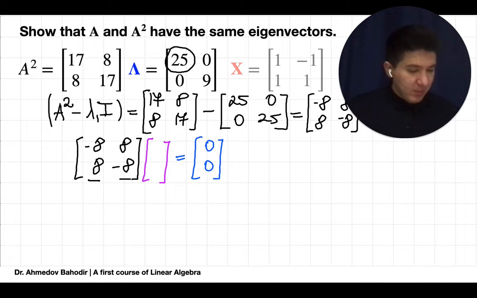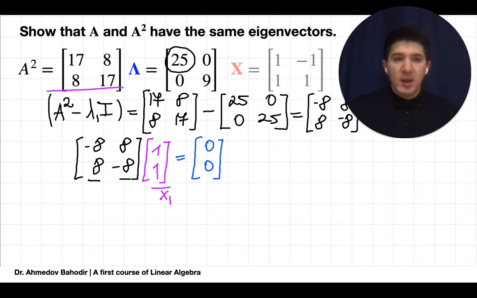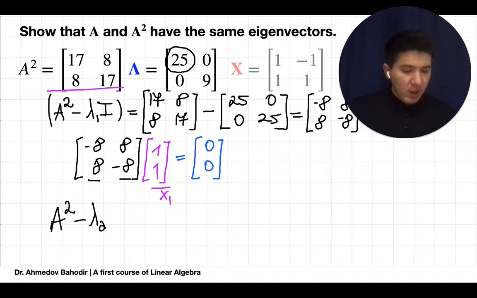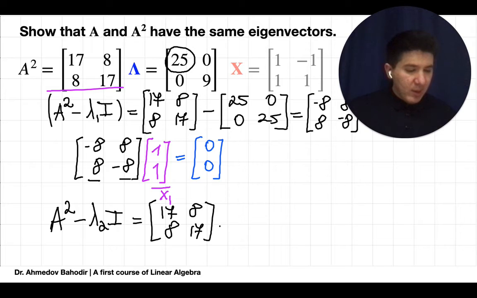Essentially, I can put 1 and 1 here so that this becomes 0. That's going to be the first eigenvector of this matrix A squared. At the same time, if you subtract A squared minus lambda 2 I, it is going to be equal to 17, 8, 8, 17 minus 9, 0, 0, 9.